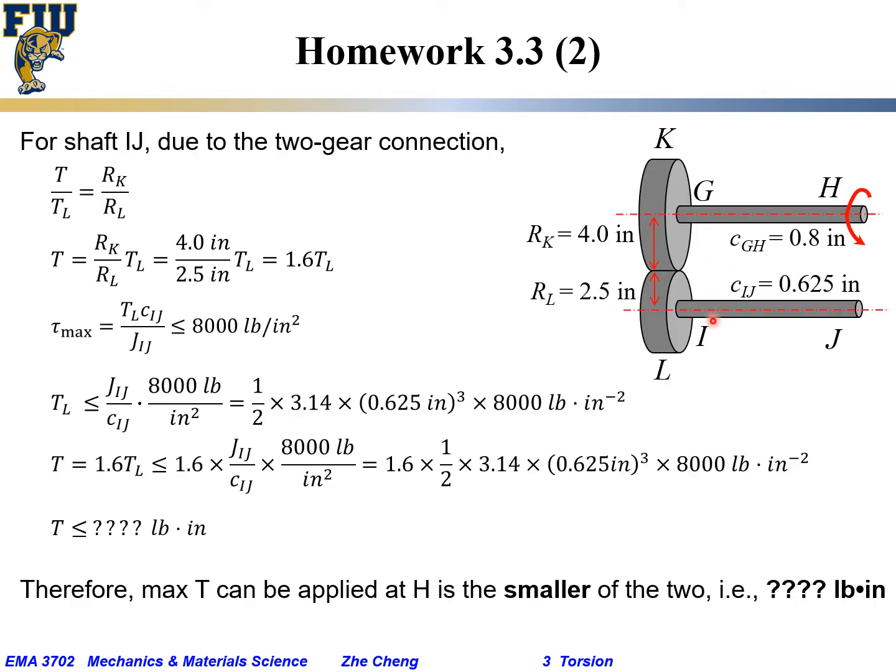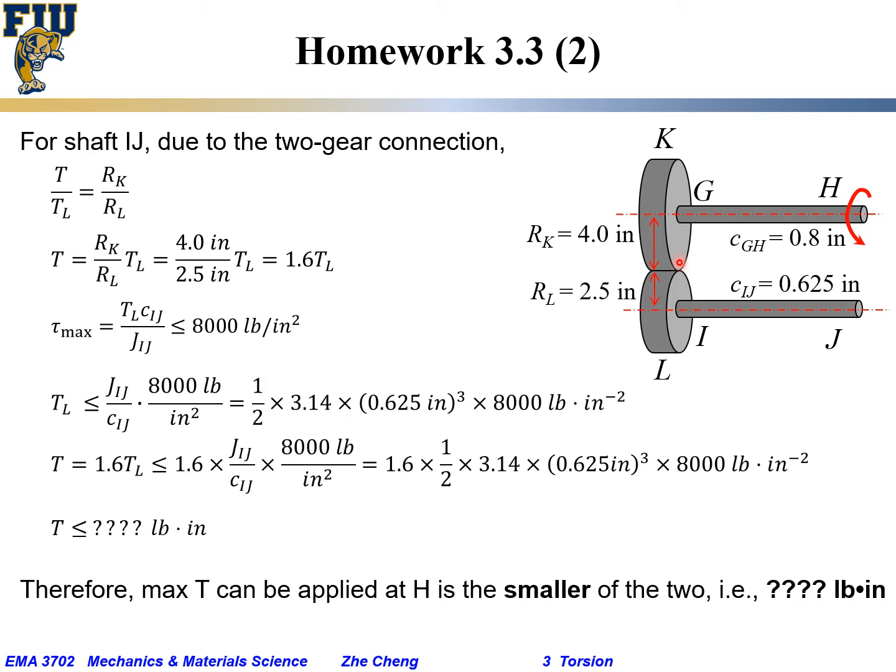Now let's consider the IJ shaft. For the IJ shaft, because of the two-gear connection from K to L, from statics, you should still remember the ratio between the torques. Torque K, which is the same as the torque applied here, divided by torque L would be proportional to the radius, Rk over Rl.